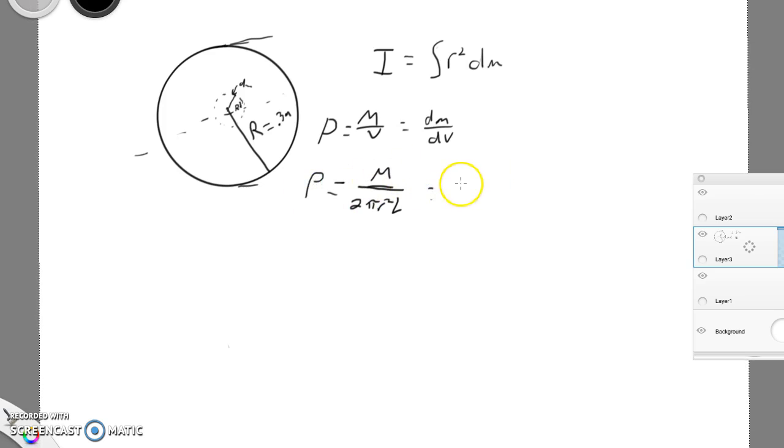Well, the rate of change of mass with respect to volume is going to be the same. So if we take the derivative of this with respect to r, we get 2 pi r l dr. Okay, and so if we want to replace the dm here so that we can integrate with respect to r, we're going to say that rho equals dm over 2 pi r l dr. And we're going to go ahead and solve that.